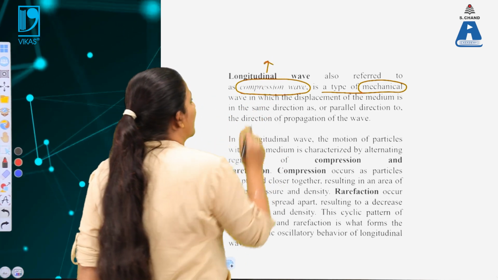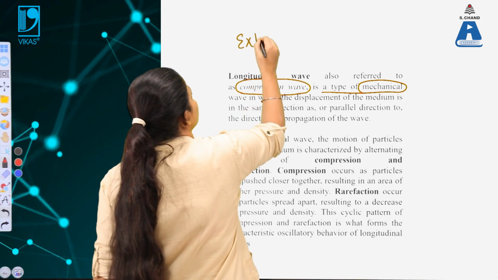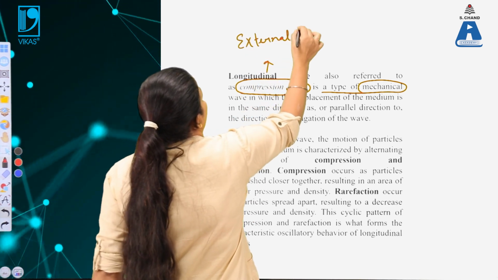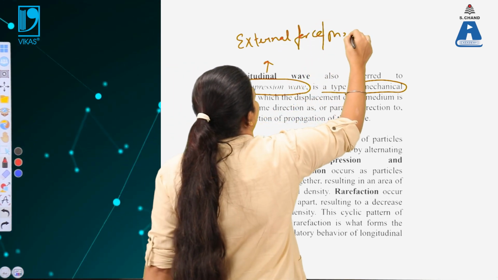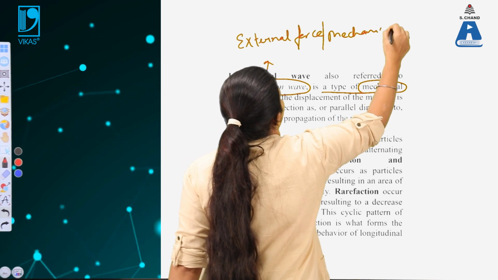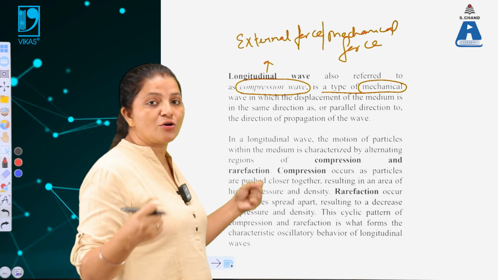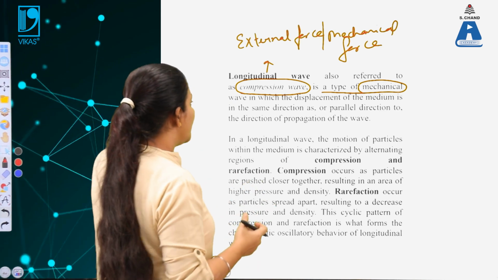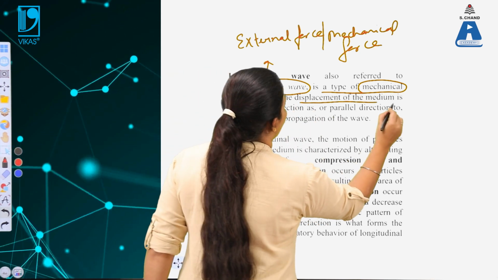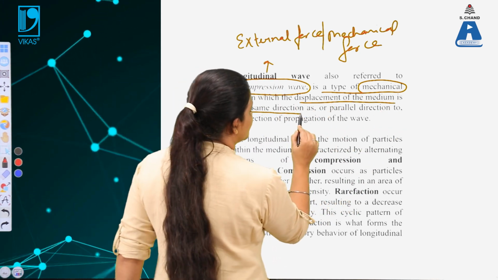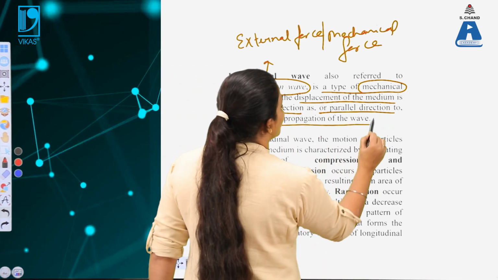Why are longitudinal waves called mechanical waves? Because an external or mechanical force is applied on the spring to stretch or compress it. So these are a type of mechanical wave in which the displacement of the medium is in the same direction, parallel to the direction of propagation.